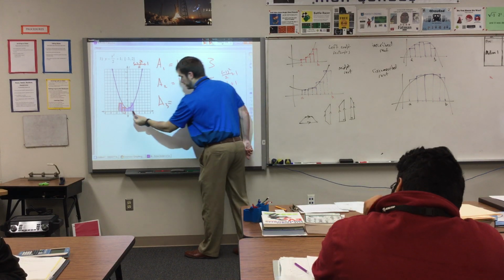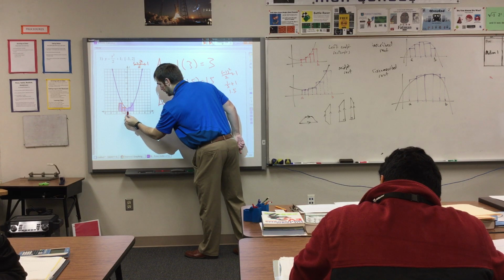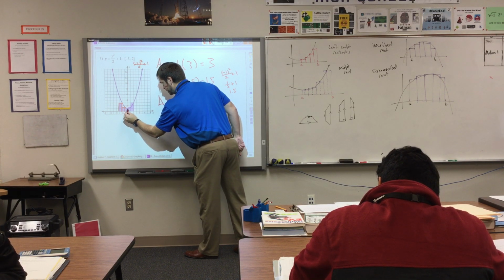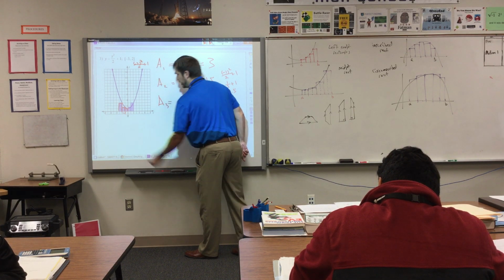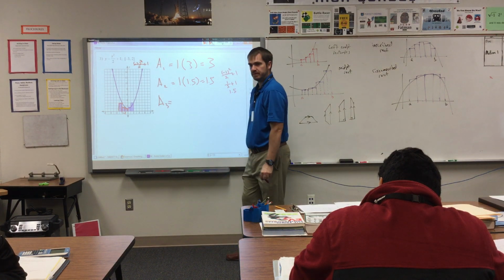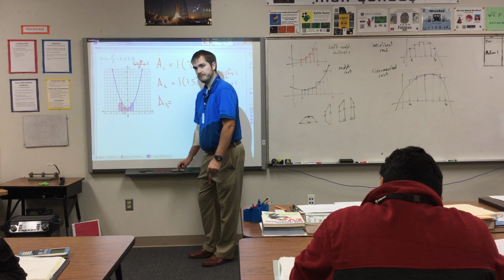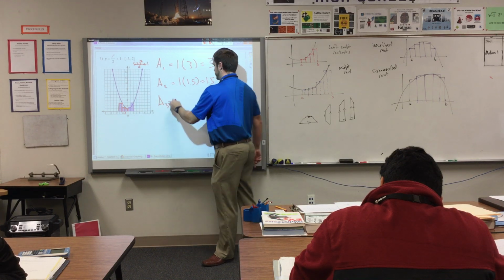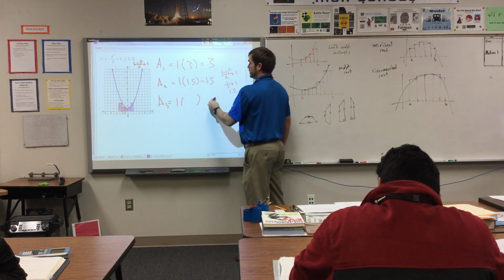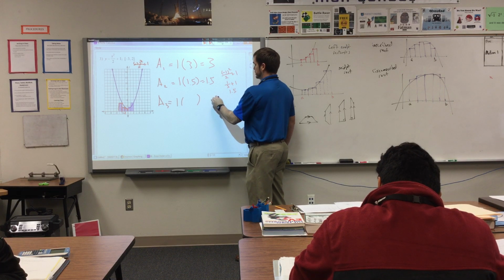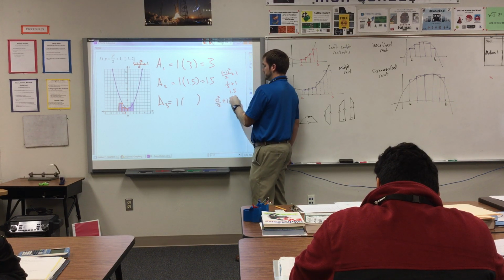Area 3, Stephanie, if these are right endpoint rectangles, how am I going to know how far to go up? Plug in 0? Plug in 0, that's right. So 0 squared over 2 plus 1, so that's just 1.